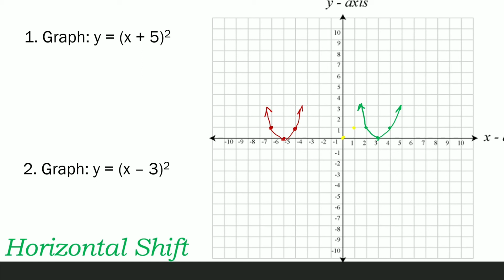Yan yung guide natin. If x is negative 1, negative 1 squared, positive 1 din yun. So, basically, yung mga ginagraph natin dito, kamukha lang ng y equals x squared, kaso may shifting up, down, o kaya naman ay left and right. Okay? So, magkakamukha lang sila.